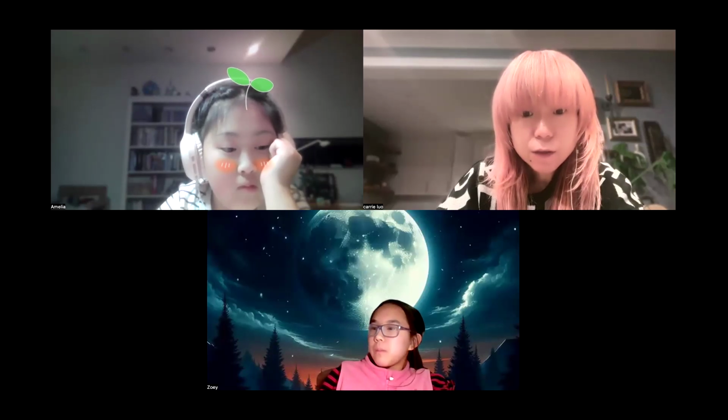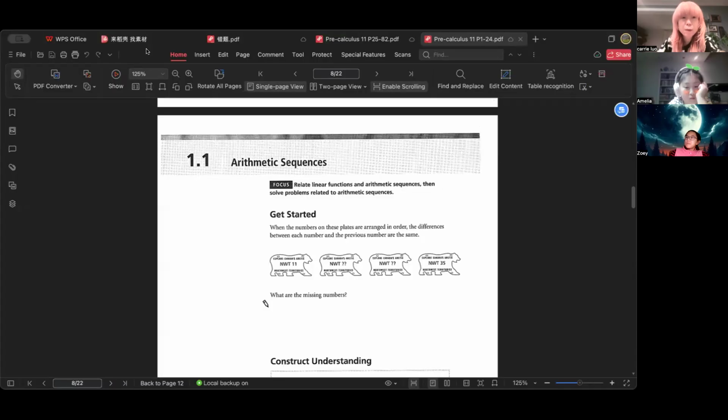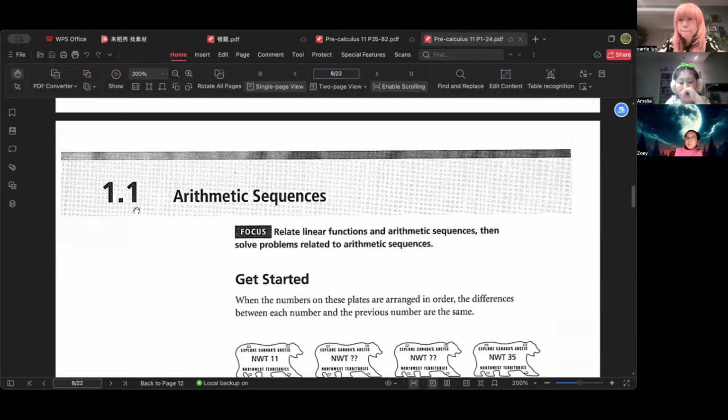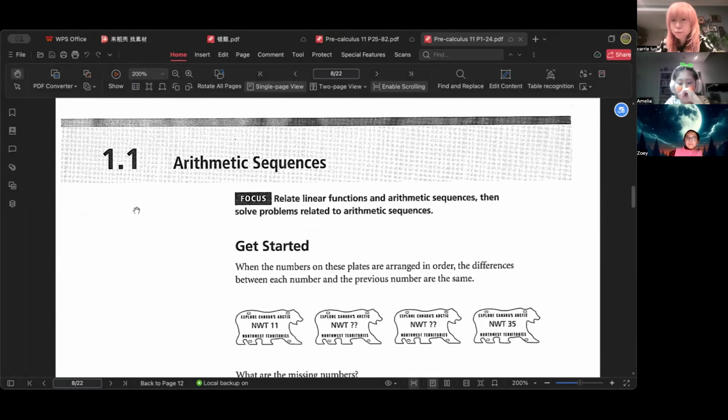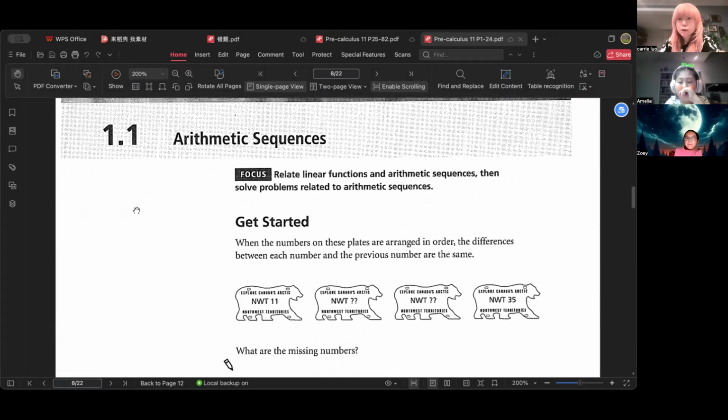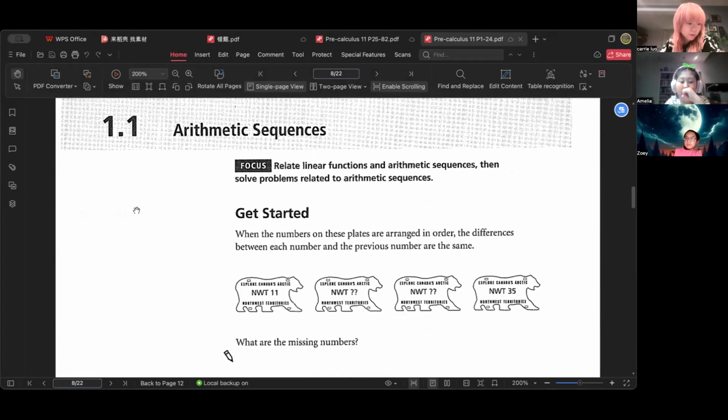Okay, so let's take a look at this one. Do you still remember what an arithmetic sequence is? Zoe and Amelia? So I would like to hear from Amelia. What is an arithmetic sequence? It's a sequence of numbers.